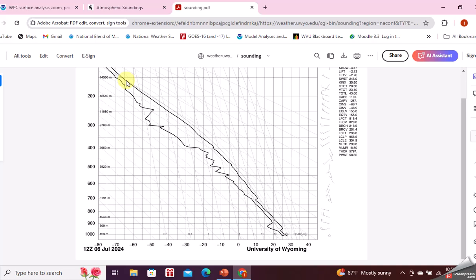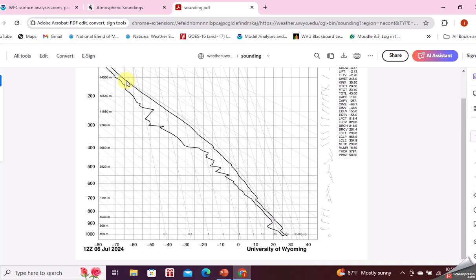So that air parcel's temperature is probably going to be slightly warmer all the way up to pretty high altitude. And in reality, that is what's called convective available potential energy. So there is some slight instability there today, already in the morning sounding.